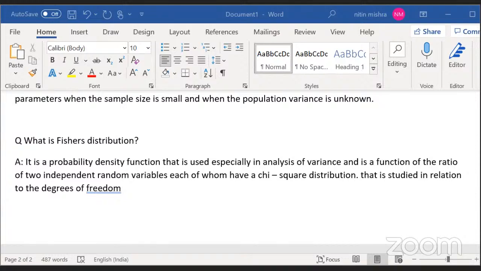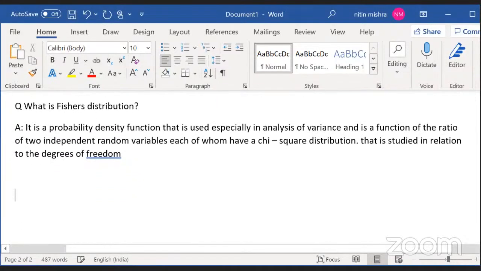Continuing our discussion with reference to distributions, what is hypergeometric distribution?